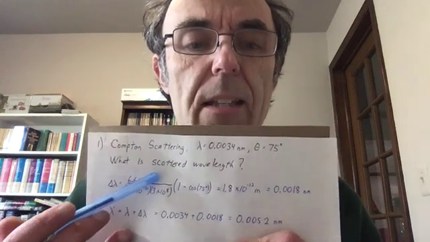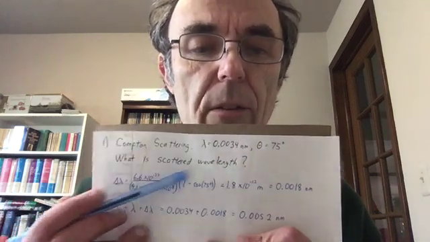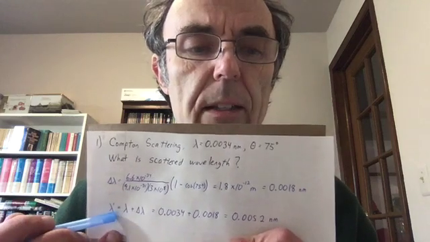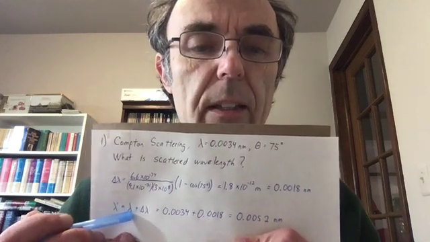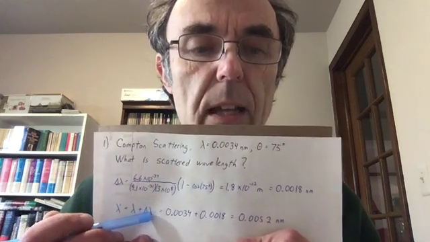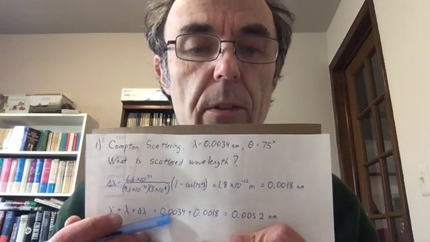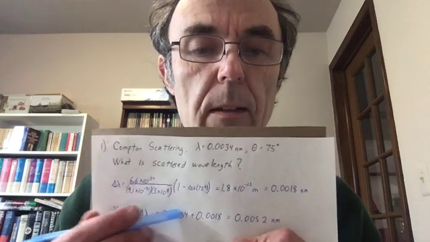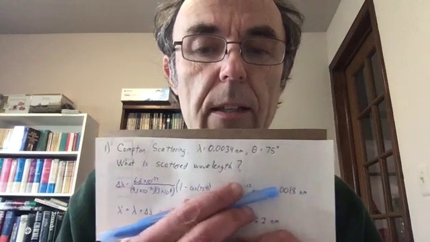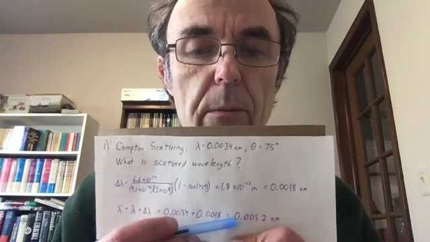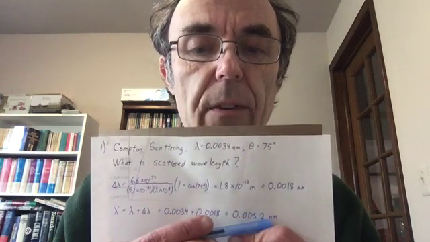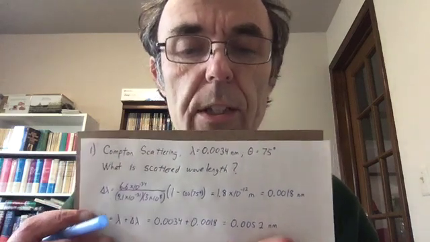The question asks for the wavelength of the scattered photon. Well, the wavelength of the scattered photon is just the wavelength of the incoming photon plus delta lambda, or 0.0034 plus 0.0018. You add those together, you get 0.0052 nanometers, which is the answer.